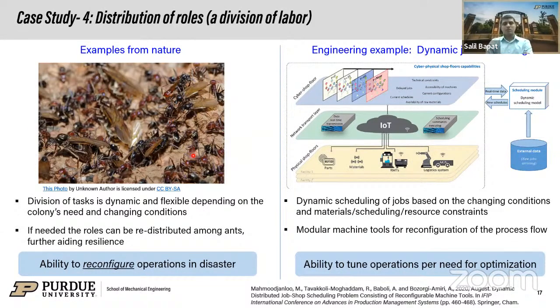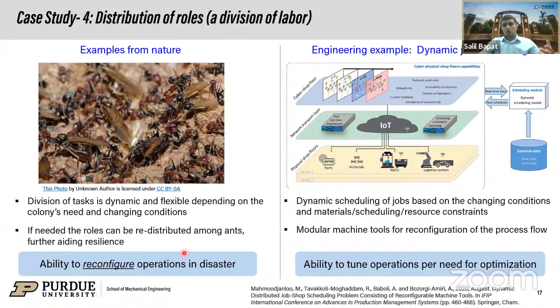If for some reason that pattern is disturbed, the ants still can follow the trail because their roles are changing dynamically, and they also have a sensing system where the pheromones released from ants are sensed by the antennas, and you can still have the same track.